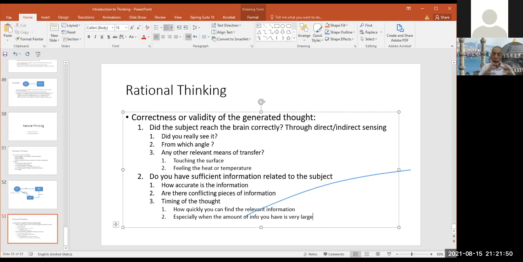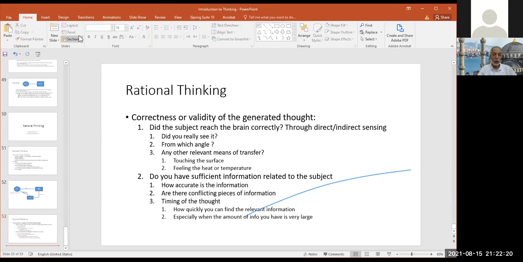If all of that information is available to me, then I might not be able to pass the judgment, or it will take me too much time, or I could arrive at conflicting opinions. So those are the things which need to be known.